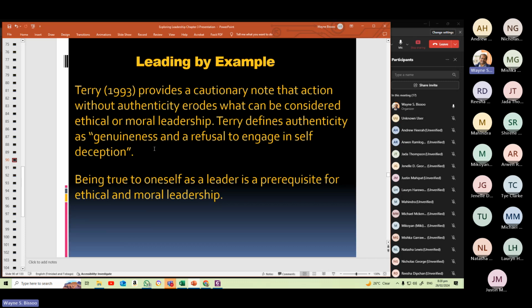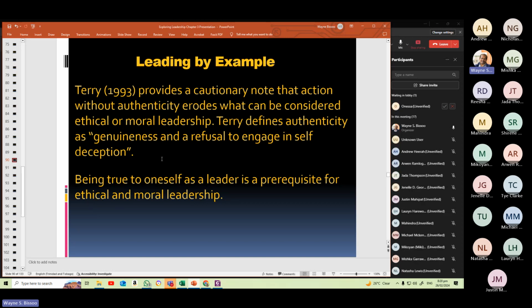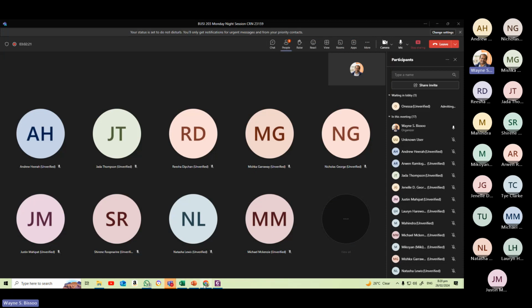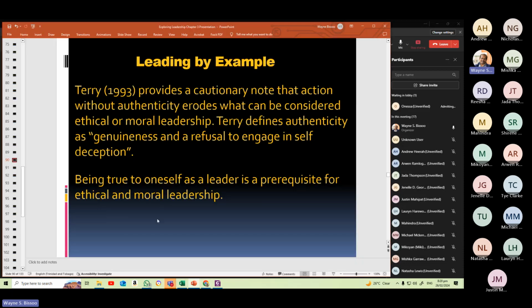You can't be doing something just because it's supposed to be the right thing to do. You need to be doing it because you also believe that that is the correct thing to do. That is important. So you have to be genuine in your activities, genuine to your own belief structure. That's a critical example that you want to be looking at there.